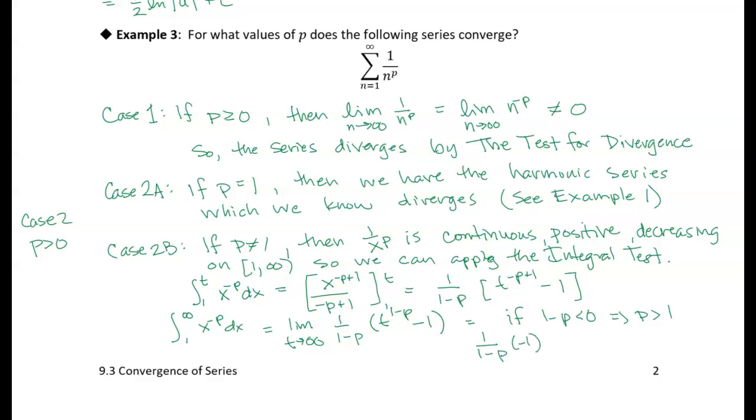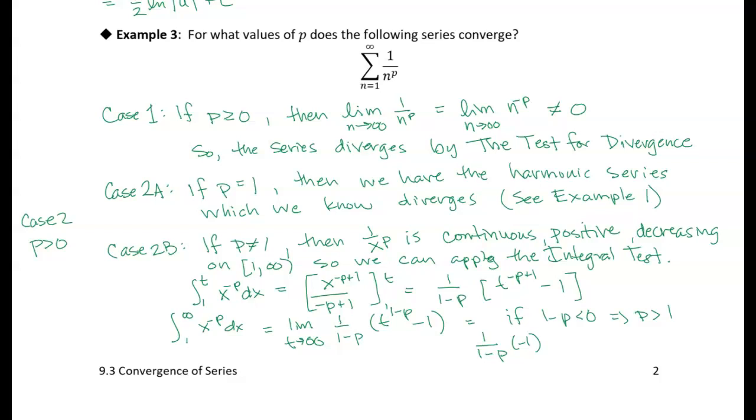If 1 minus p is less than 0, then this t term goes to 0 as t goes to infinity, and so I get that result.